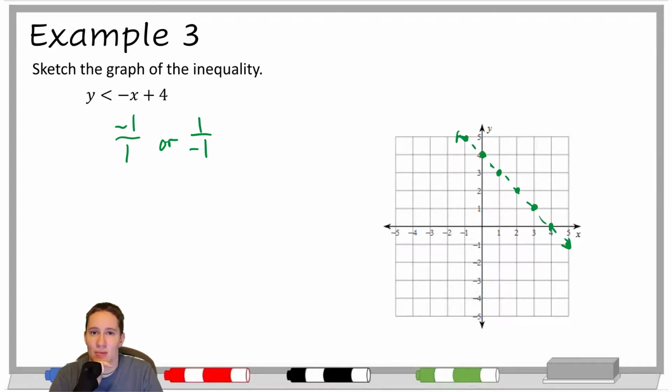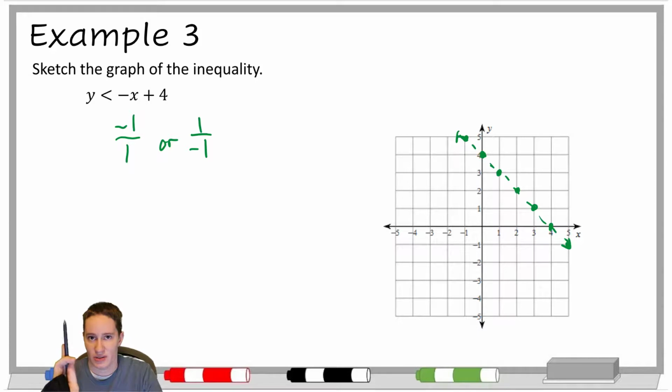Now, it can be tricky to know where to shade because just like before, this is split into two parts, although it's like a bottom left and a top right part. So we think about, how do I convey that y is less than -x plus 4? And I've got a really, really good trick to help you with that. Here's what you do.